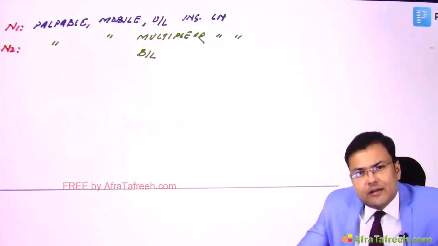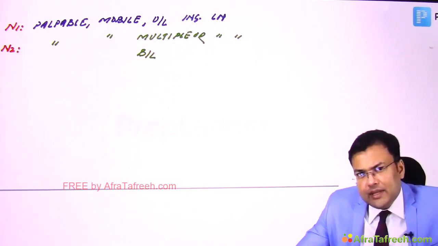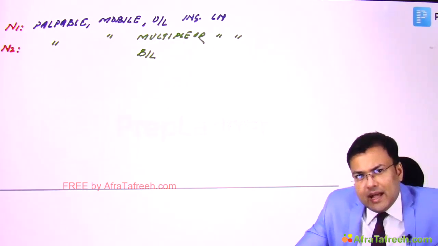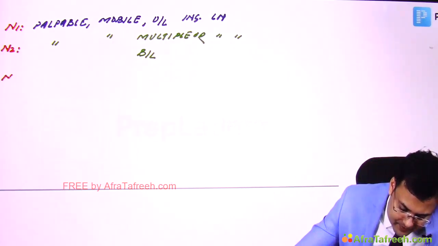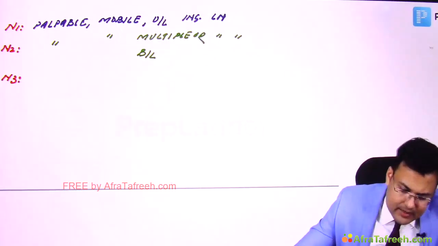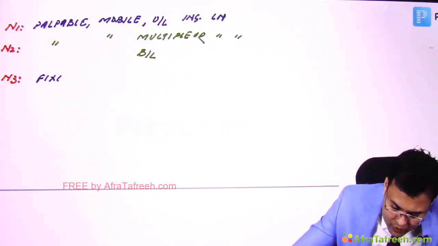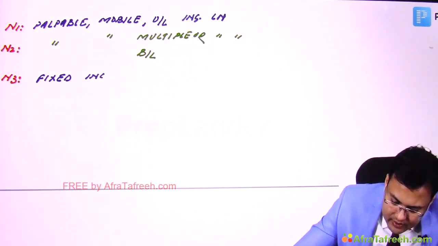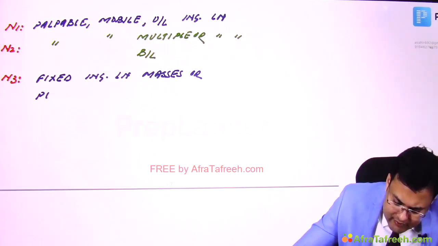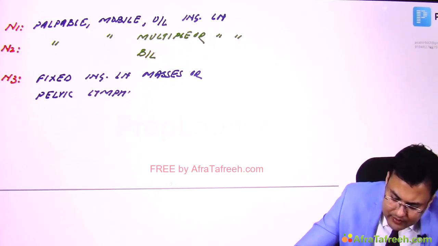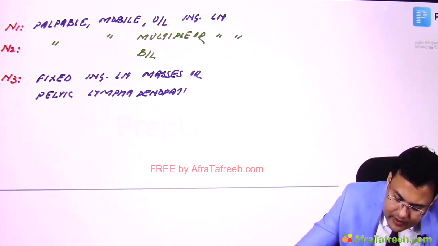In N3 there are fixed inguinal lymph node masses, or there is pelvic lymphadenopathy, and it can be unilateral or bilateral. Okay, so N3, there is presence of fixed inguinal lymph node masses or pelvic lymphadenopathy. Clear?